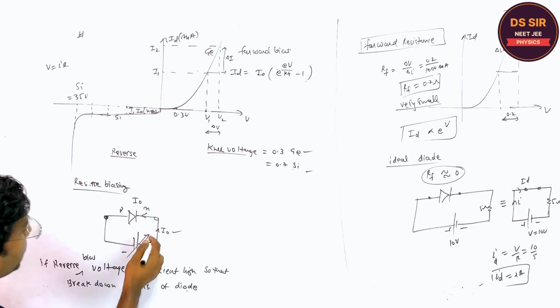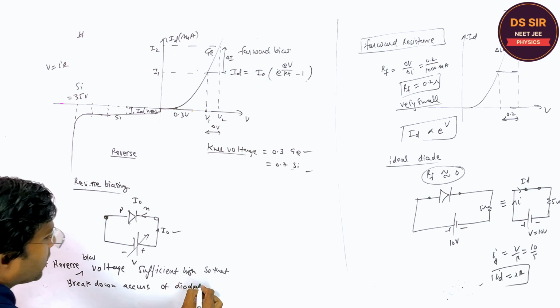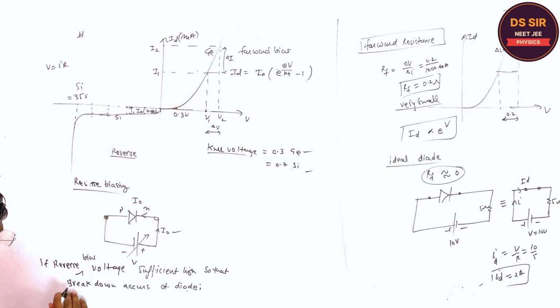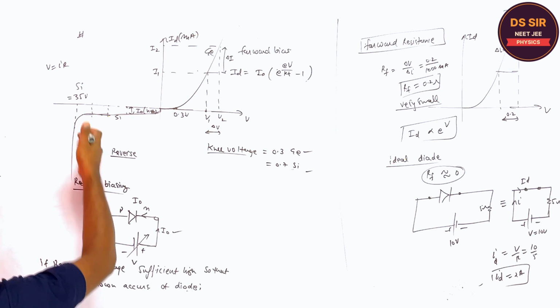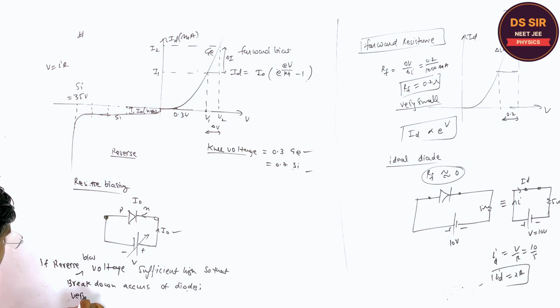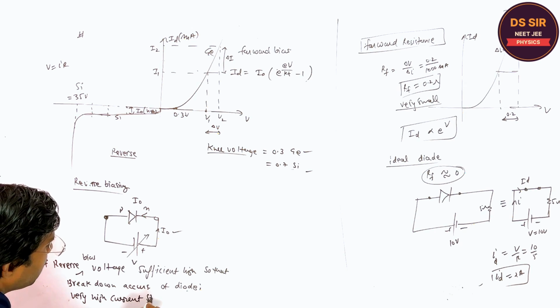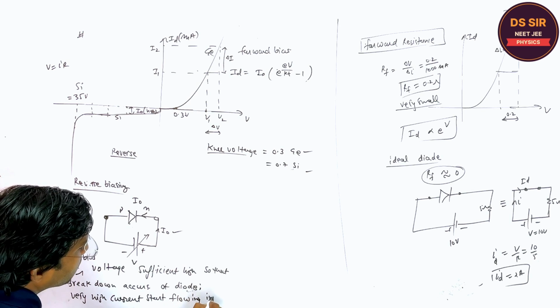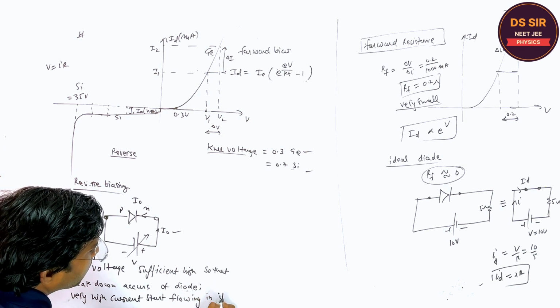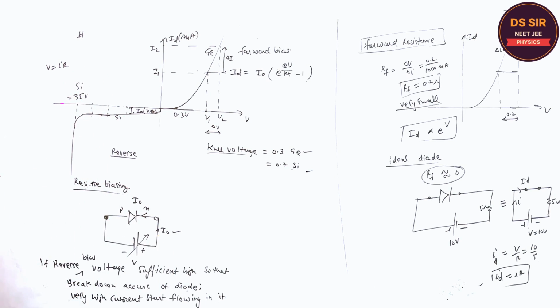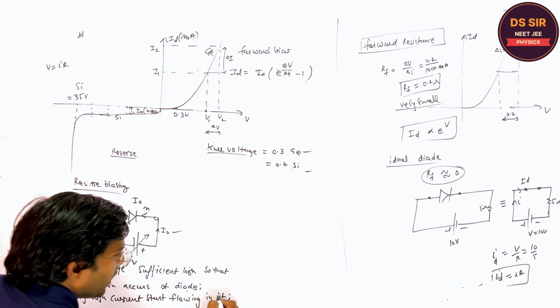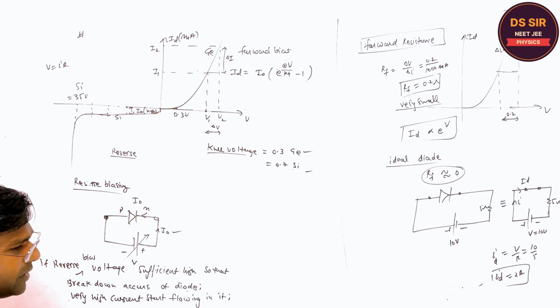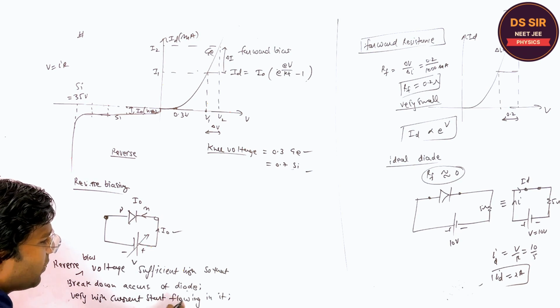Are you getting or not? Breakdown occurs in the diode. The reverse saturation current becomes very high, a very high current starts flowing in it.